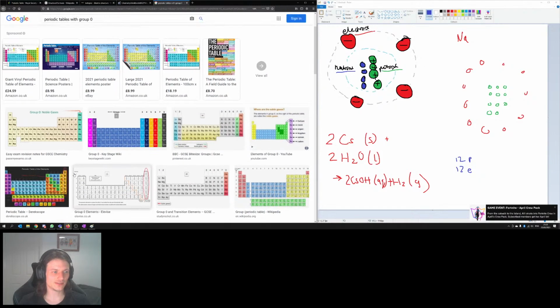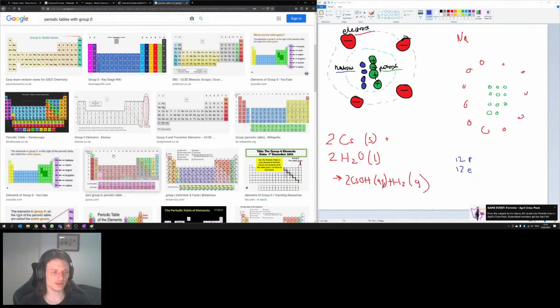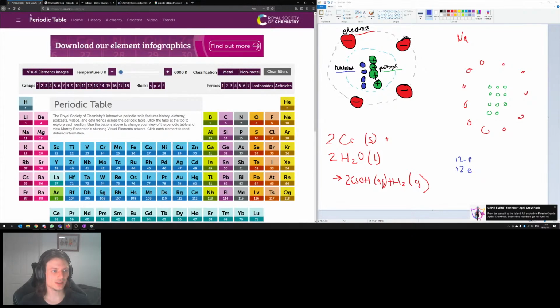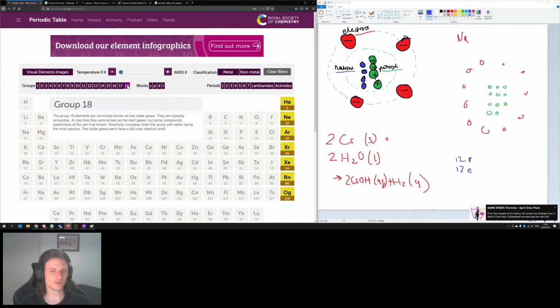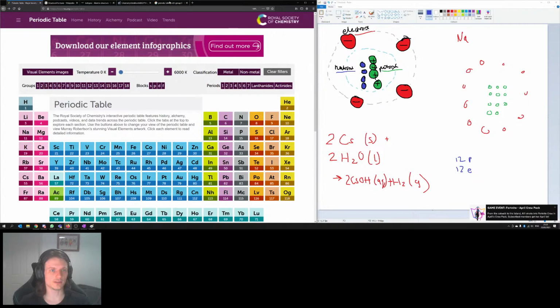That's interesting. So it must be like a stripped down version of it or something. Group 0 in the periodic table. The noble gases. Because mine is H. Oh, it is here. So that's group 18, which makes a lot of sense.